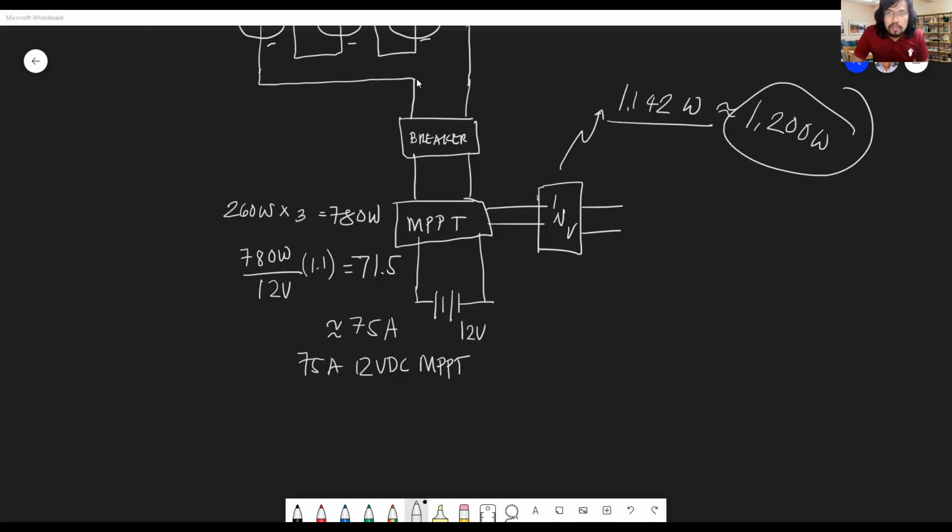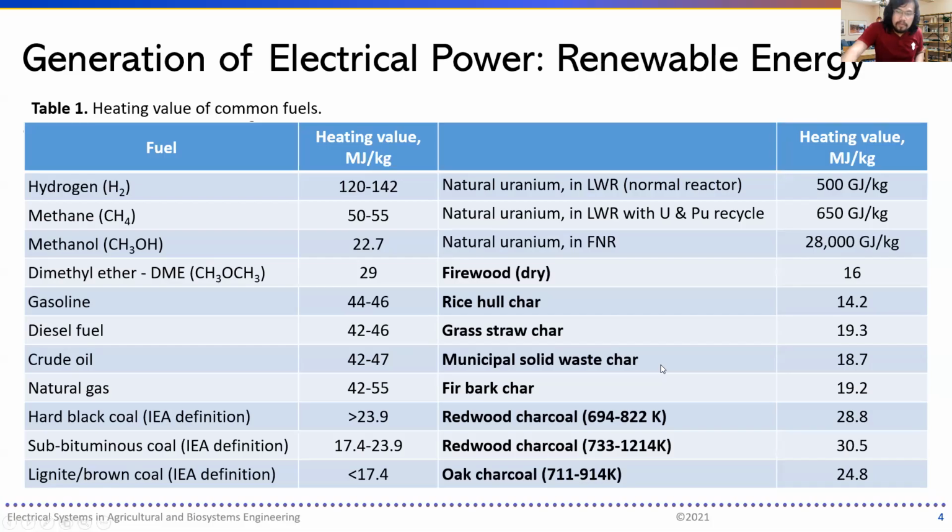where we are going to tackle biomass. Actually, it's just a presentation of the heating value of biomass. This value is very important in determining the capacity of a power plant that's running on biomass or biofuel.